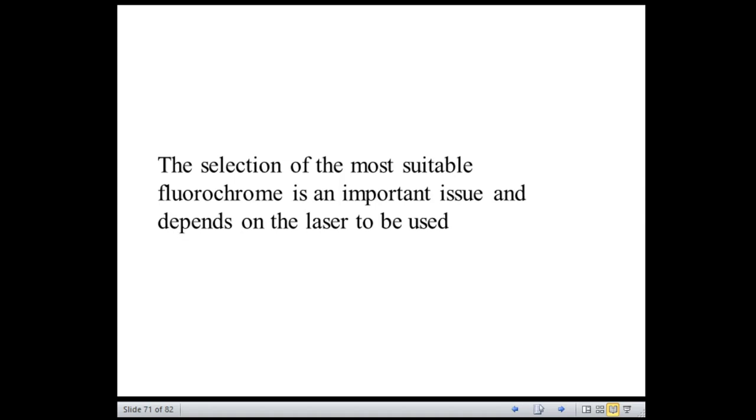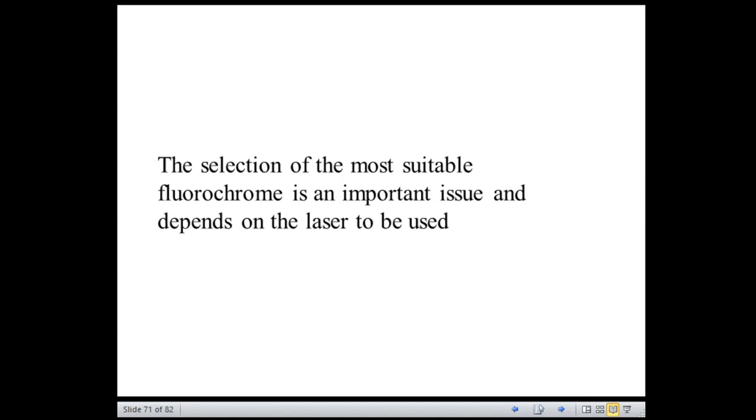So FITC is a good fluorochrome for single color staining, since, as I said, the maximum absorbance is near 490 nanometers. On the other hand, its emission at longer wavelength makes it inappropriate for multicolor applications.